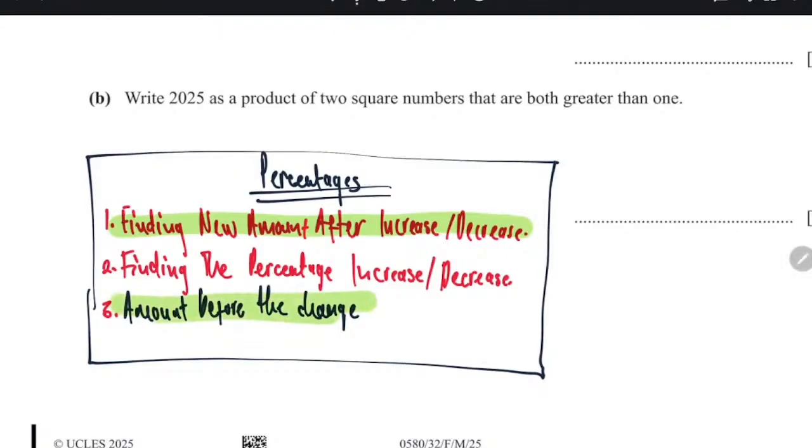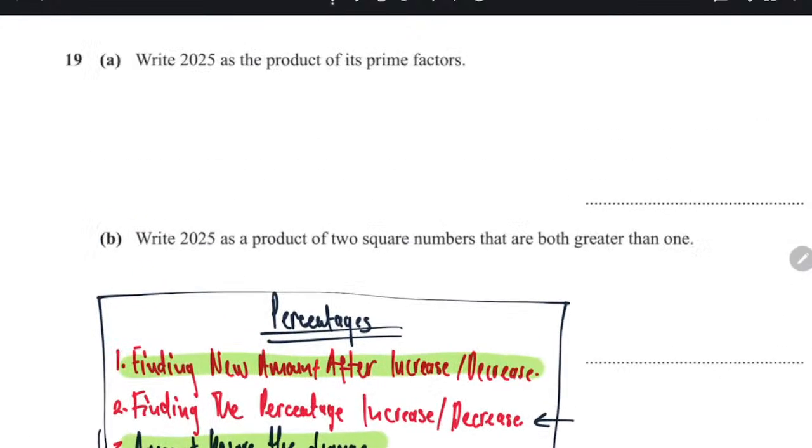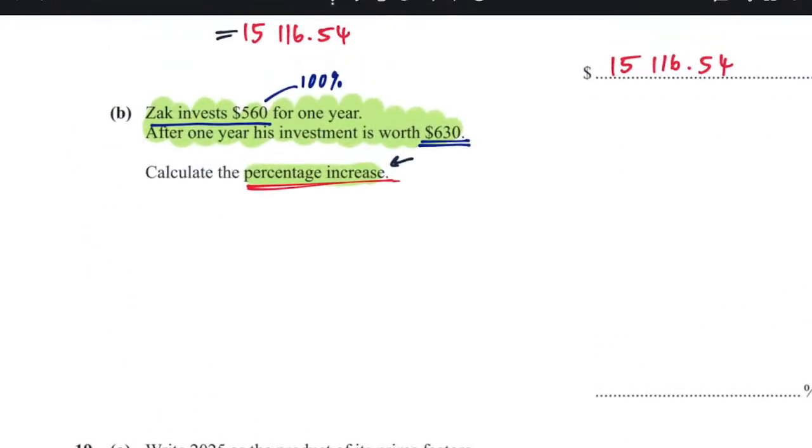Right. So for us, the easiest question which you can be asked is to say, find the percentage. This is the easiest, which is like this one. Find the percentage increase. This one has a formula. It's the only one which has a formula. Here is the formula.